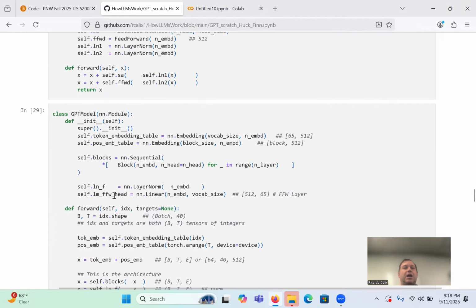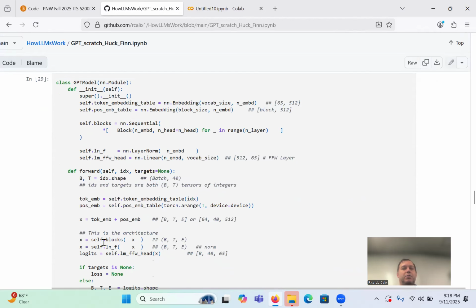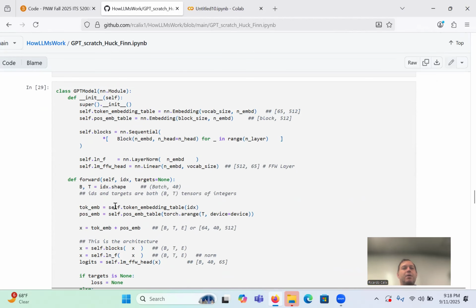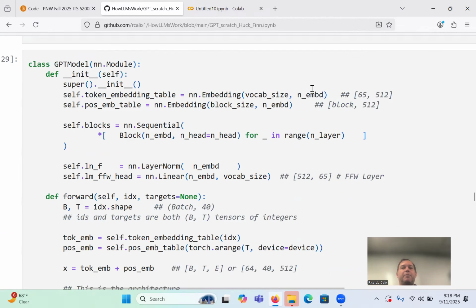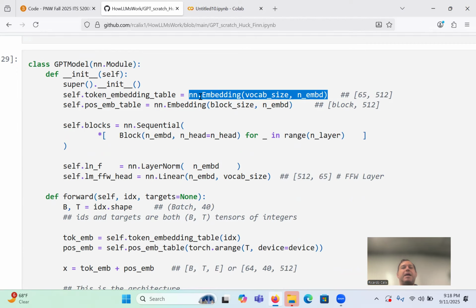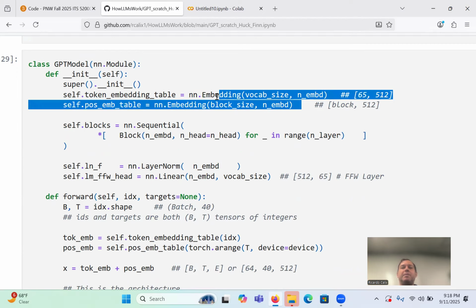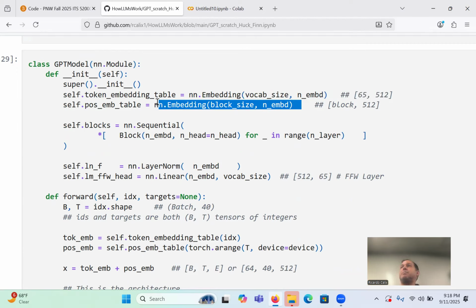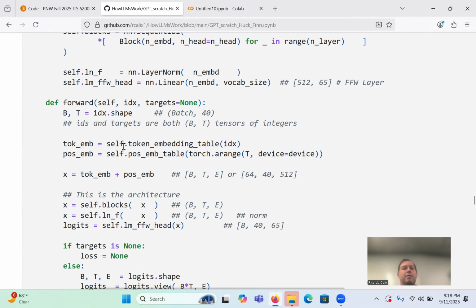Now, this is the whole GPT model. So if you look, does this look familiar? An embedding, that's the semantic embedding. What about this embedding over here? That's the positional embedding, what we just talked about. So now look over here. IDX is my X that I was just talking about, the initial tensor.